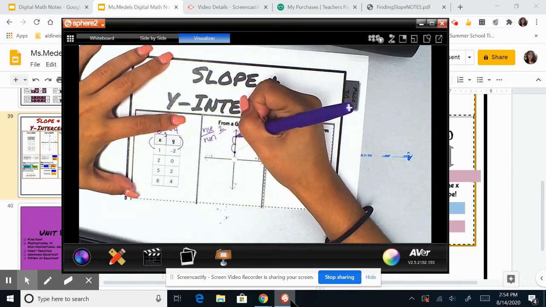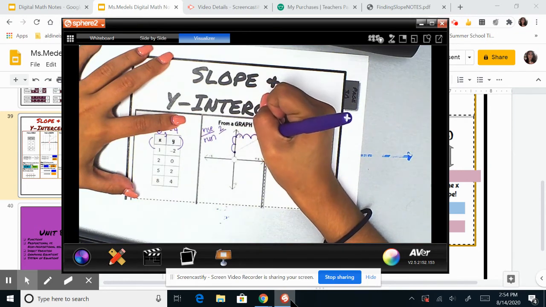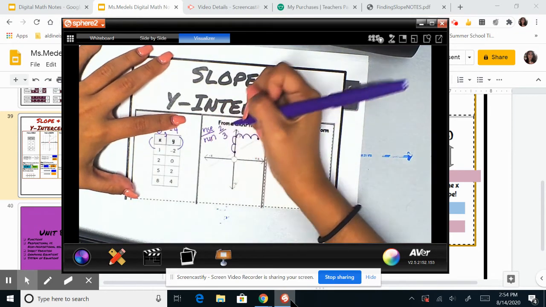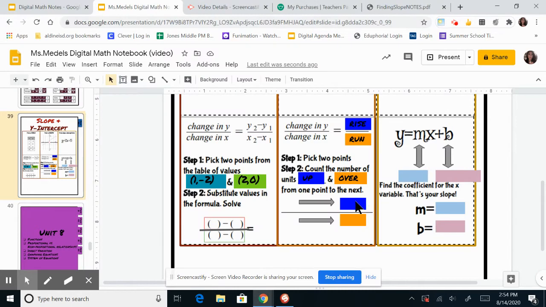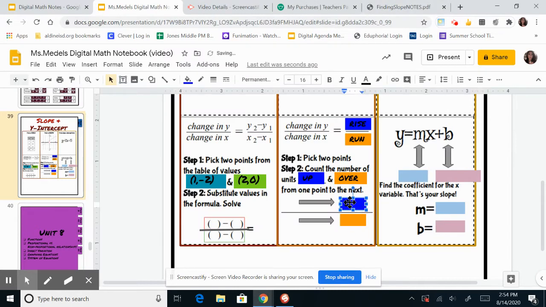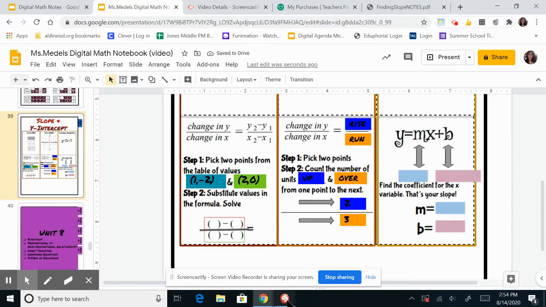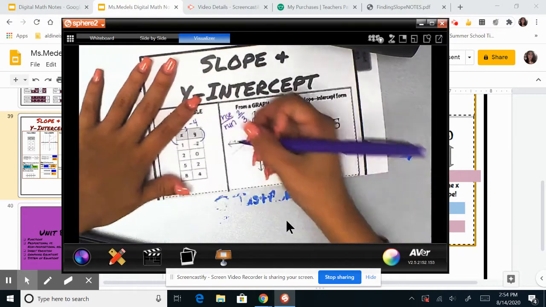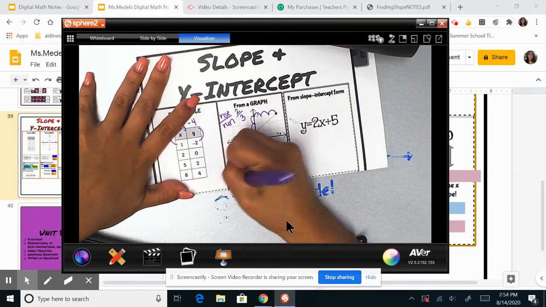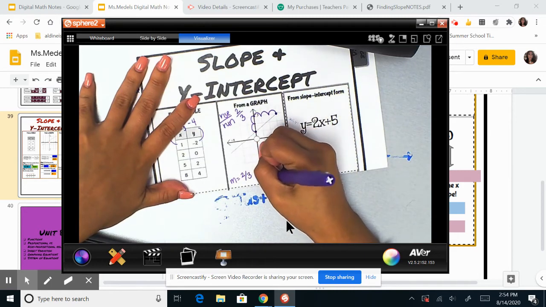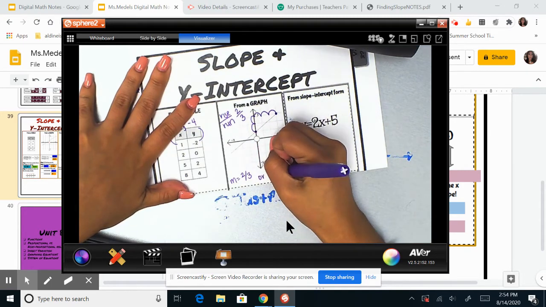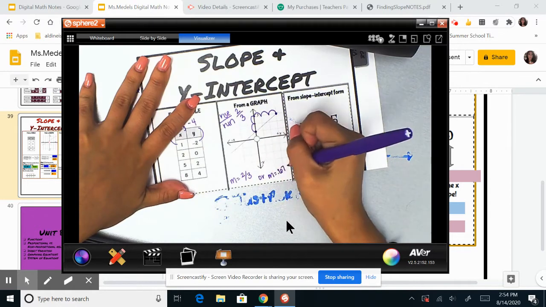How many did I go over? 1, 2, 3. Okay. So if I went up 2 and went over 3, my slope would be 2/3, or you can say m is 0.67.